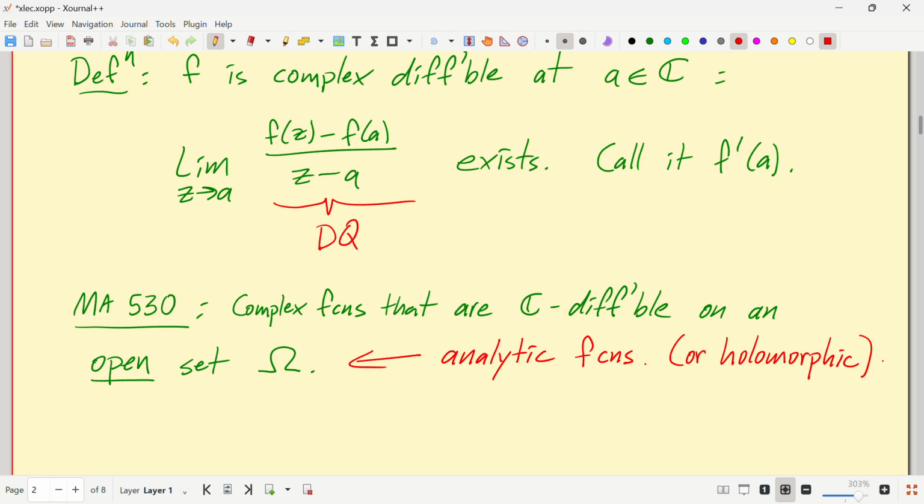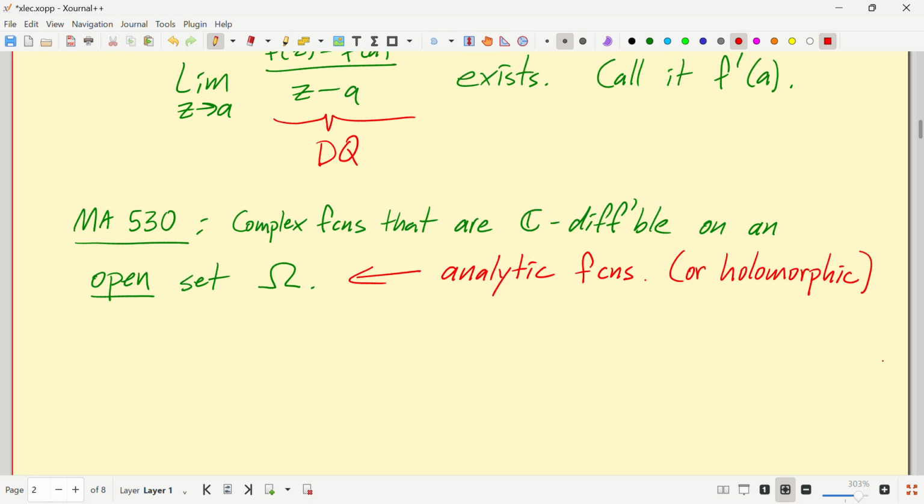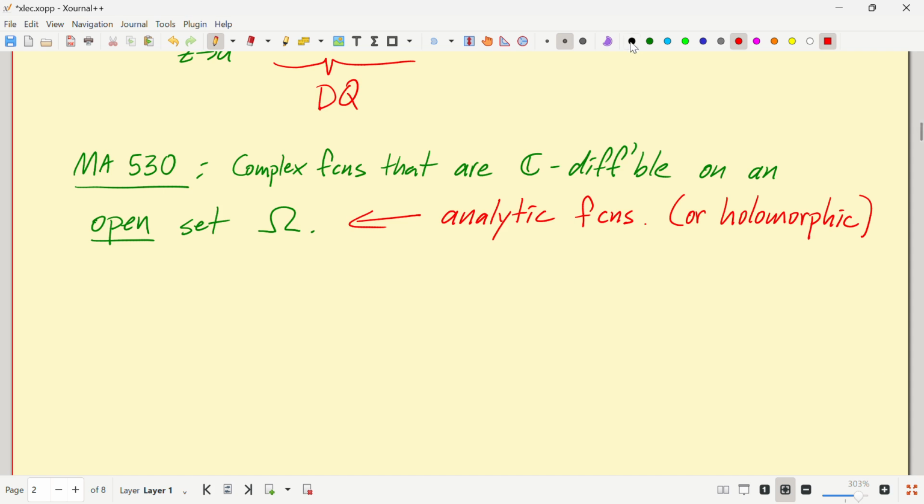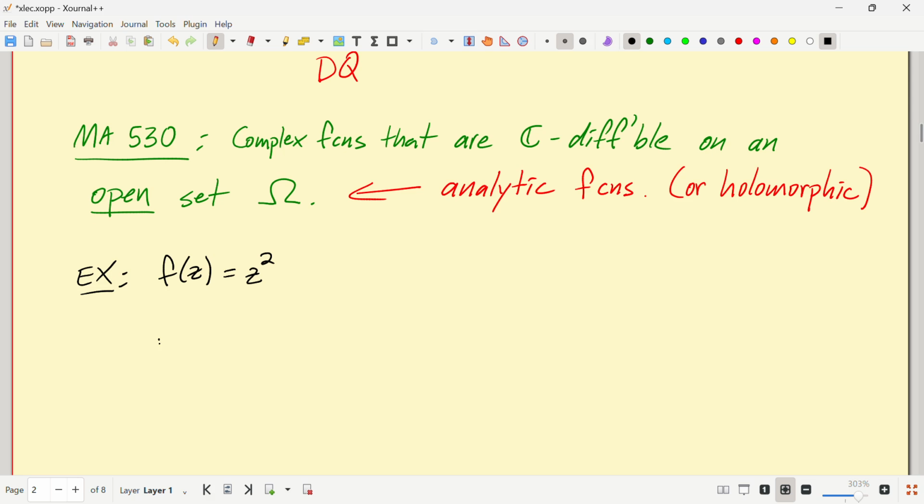Okay, so I guess it's standard at this moment to do an example. f of z equals z squared. It's very simple to show that it's analytic. In fact, it's analytic on the whole complex plane, and it's going to be complex differentiable on the whole complex plane.